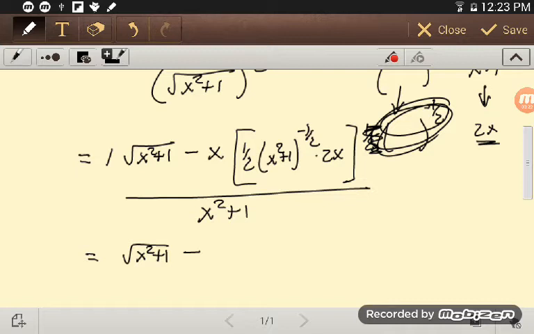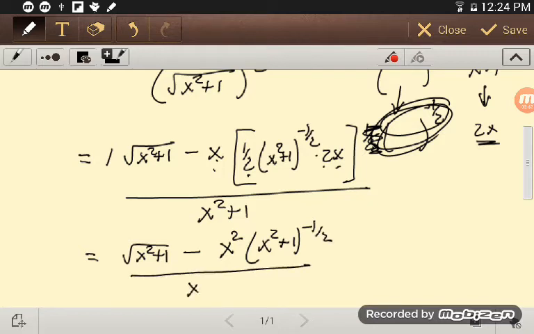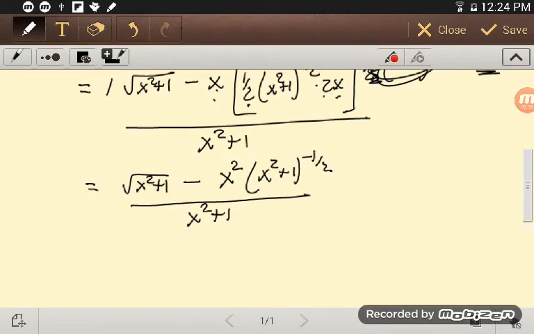So I have my x squared plus 1 under the square root minus, now you see I have an x here and an x there, so there's my x squared. I have a 2 here and a 1/2 there. They cancel to make 1. And so I have x squared times x squared plus 1 to the negative 1/2, and then all divided by x squared plus 1.